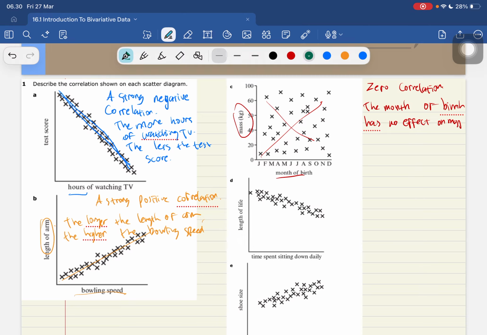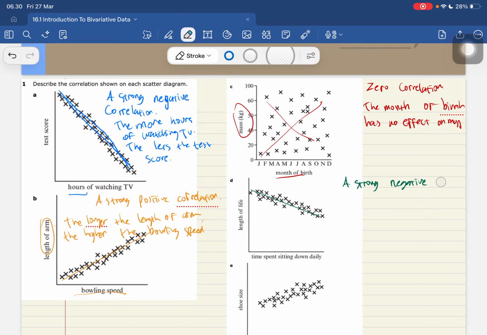Okay, we'll go to D. Here also going down and close together. So here is a strong negative correlation. Let me write it down.